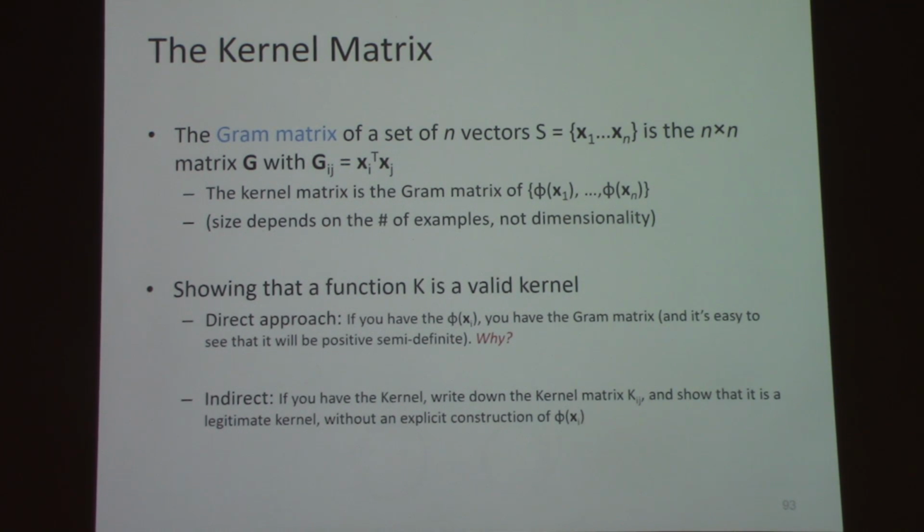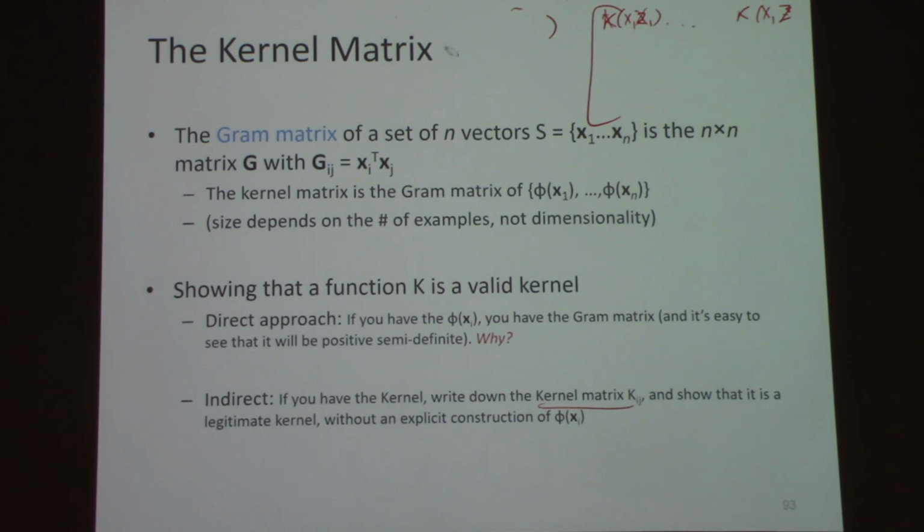Another way of doing this is that you write down the kernel matrix. You have a k of x and z, and you can write down the kernel matrix, with entries k of x1, x1, and so on.